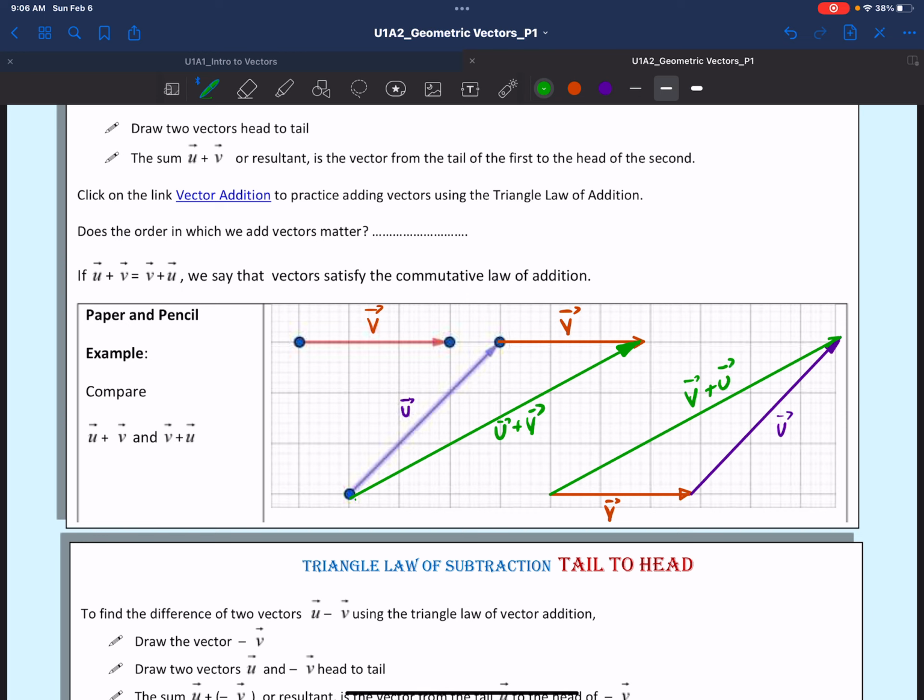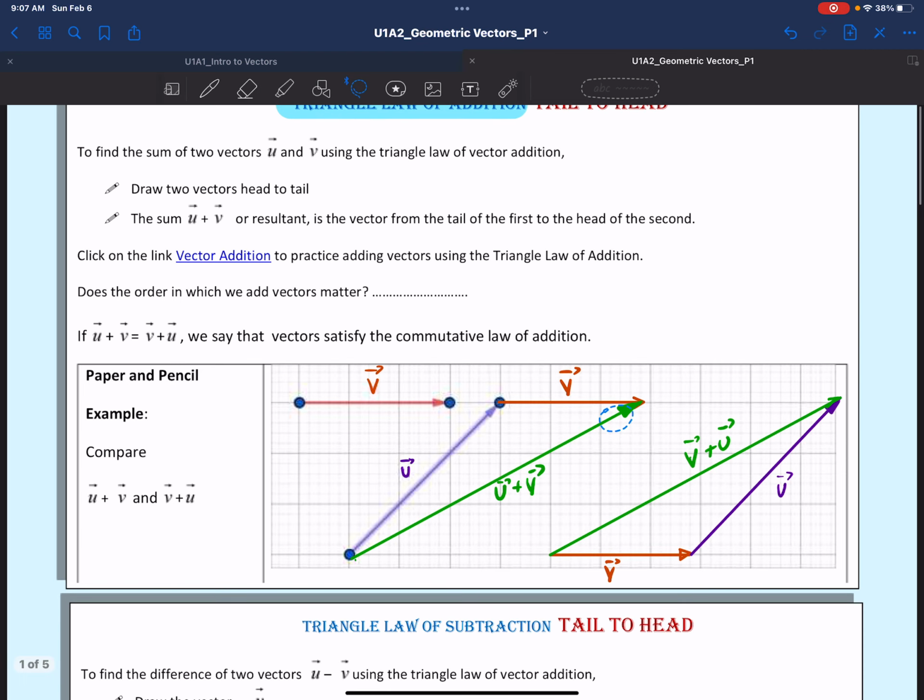And now I want us to compare vectors u plus v and v plus u. Are they the exact same vectors? For the purpose of comparing them, I'm going to drag this vector u plus v to v plus u, and as you can see, they coincide, so they're exact same size and same direction.